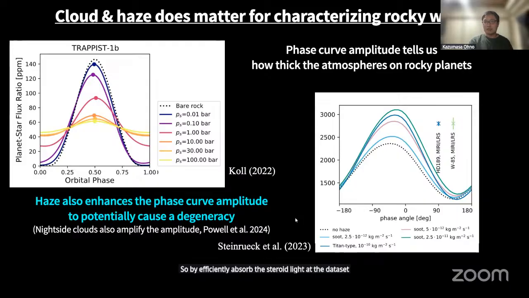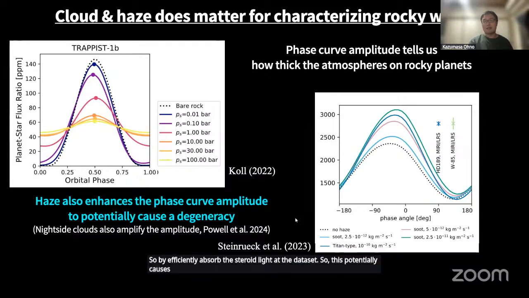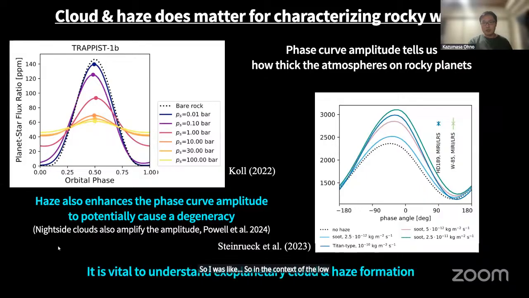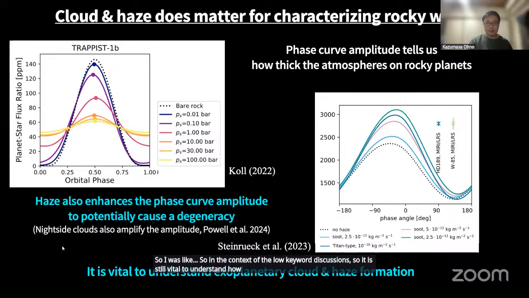So this potentially causes a degeneracy between the amount of atmosphere and atmospheric haziness. In the context of the rocky world discussions, it is still vital to understand how clouds and hazes are formed in exoplanets in general.